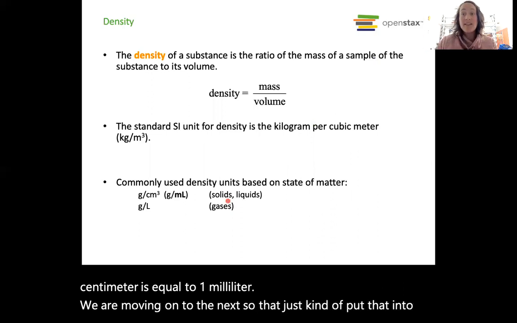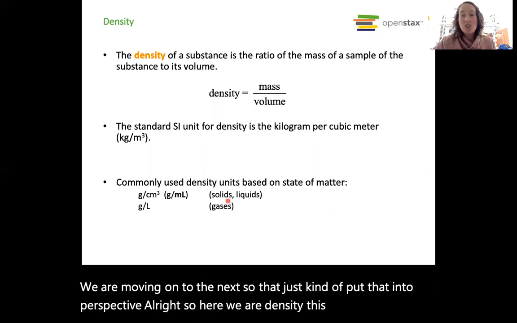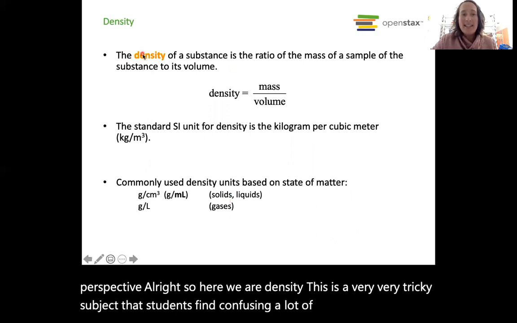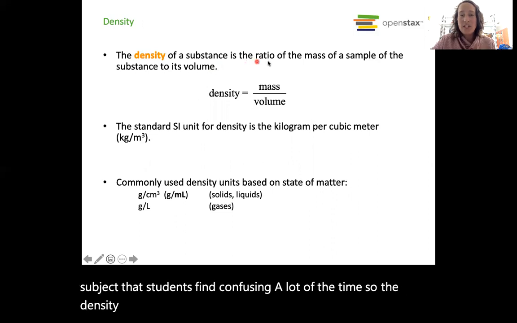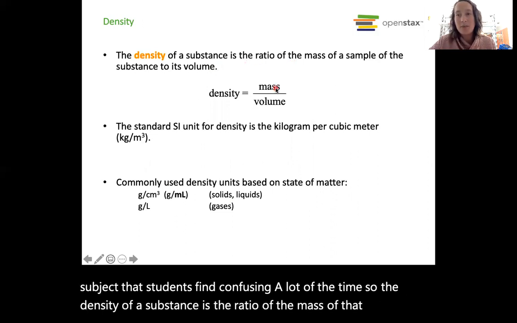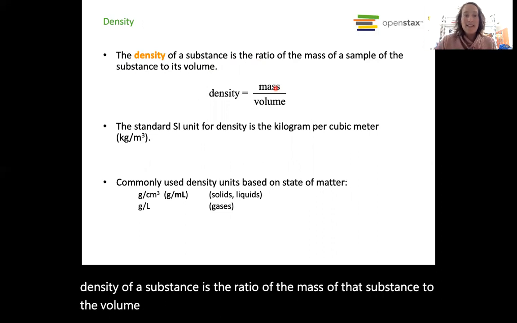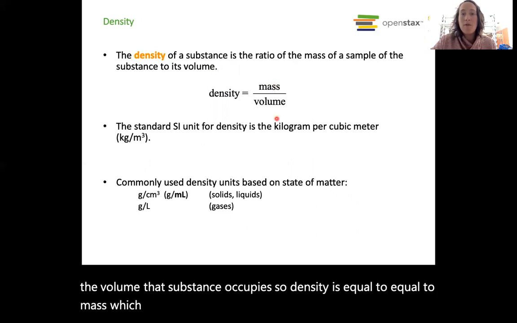All right, so here we are, density. This is a very, very tricky subject that students find confusing a lot of the time. The density of a substance is the ratio of the mass of that substance to the volume that substance occupies. So density is equal to mass, which is usually in grams, over volume.